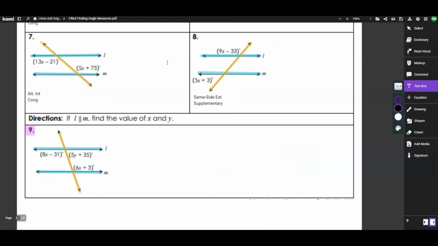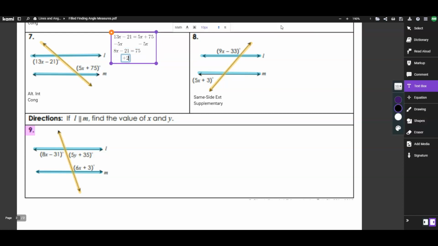Number 7, we have alternate interior angles, which are congruent. So yet again, we're going to set them equal to each other. We have 13x minus 21 is going to be equal to 5x plus 75. I'm going to subtract the 5x from both sides. And then that is going to leave me with 8x minus 21 is going to be equal to 75.